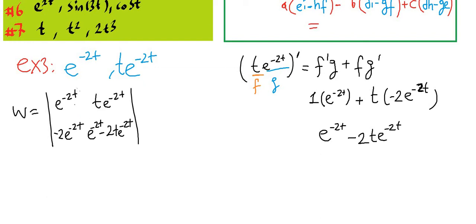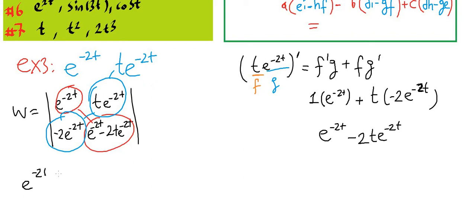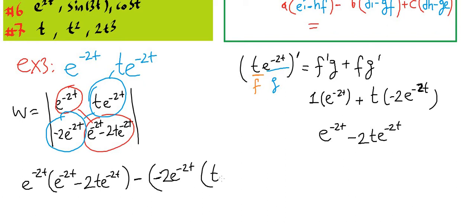Now the determinant will be given by this entry times this entry minus this entry times this entry. So e to the negative 2t times e to the negative 2t minus 2t e to the negative 2t, minus negative 2 e to the negative 2t times t e to the negative 2t.